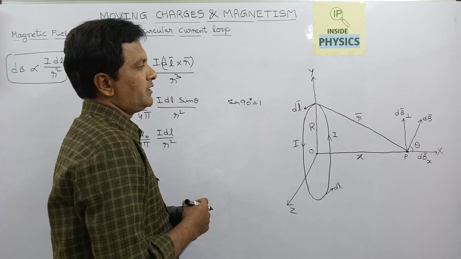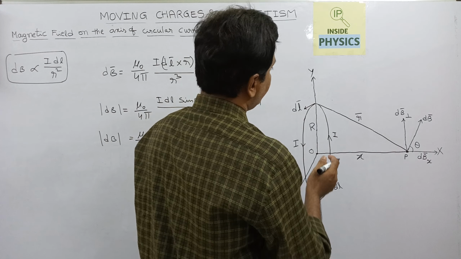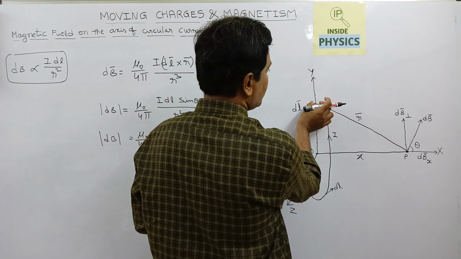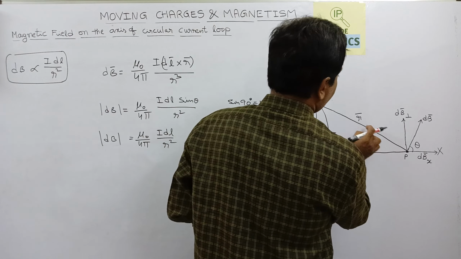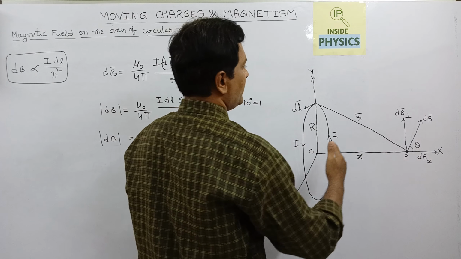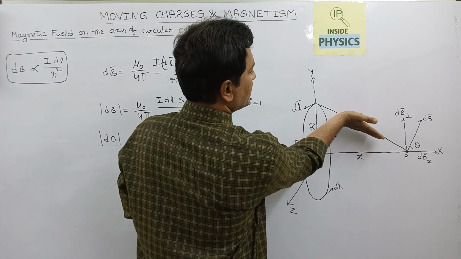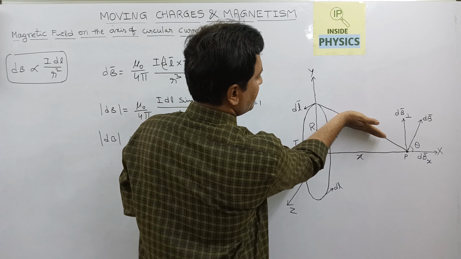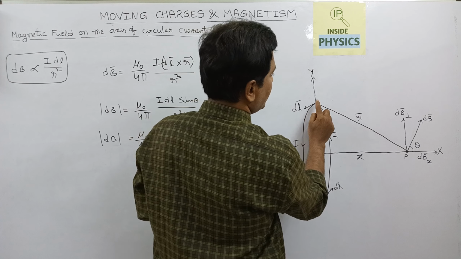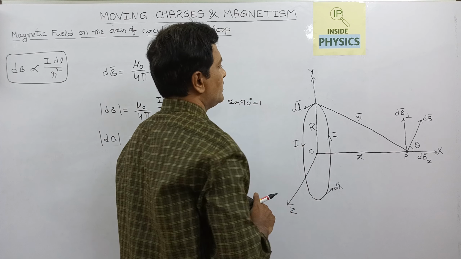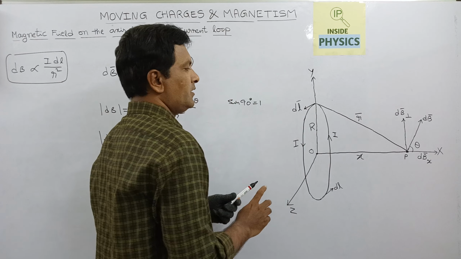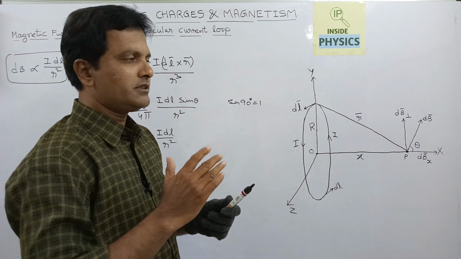So if the current element is in this plane and the position vector is in this plane, you can imagine a plane like this, a plane which is making an angle with the axial line. This is the plane in which both the current element and the position vector are lying. So they should be lying in the same plane.